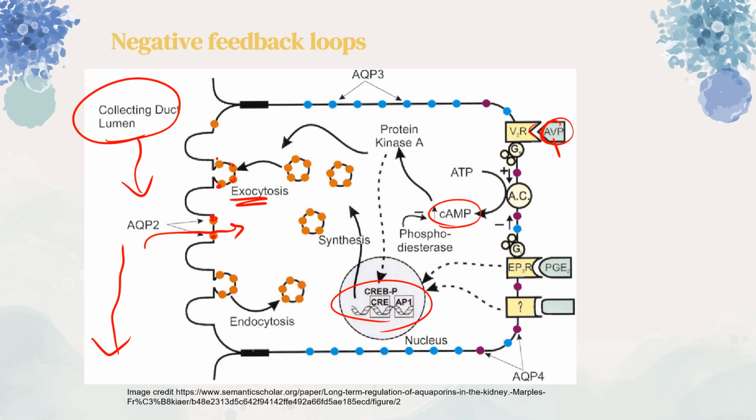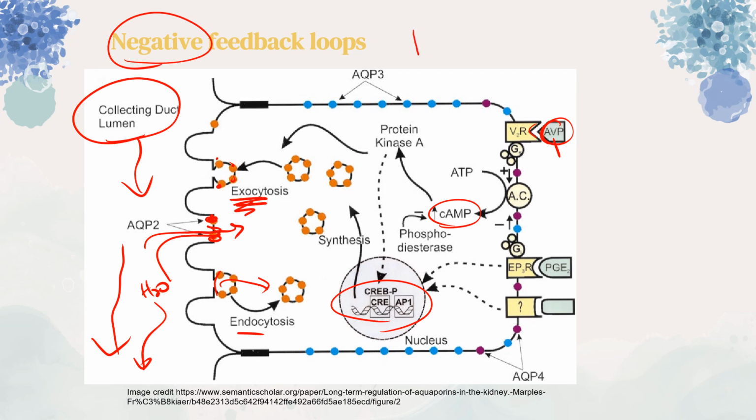And so instead of doing exocytosis to express those aquaporins on our cell membrane, we do some endocytosis and we pull them back in away from the walls of the collecting duct, and then the water doesn't get pulled in, but instead keeps going along its merry way to the ureter, to the bladder, and then through the urethra, out the body.